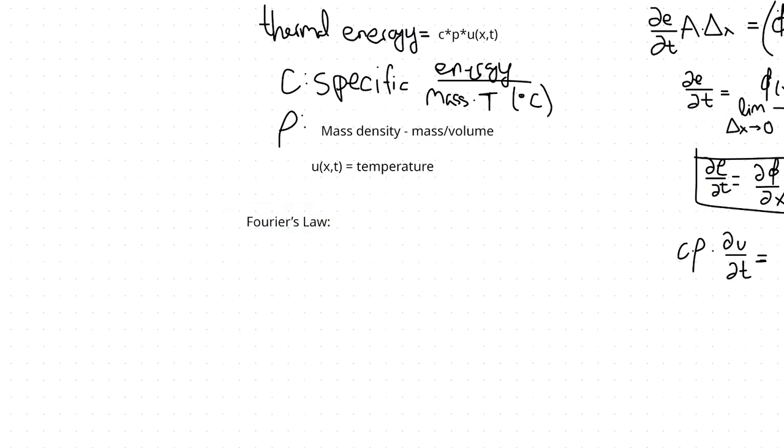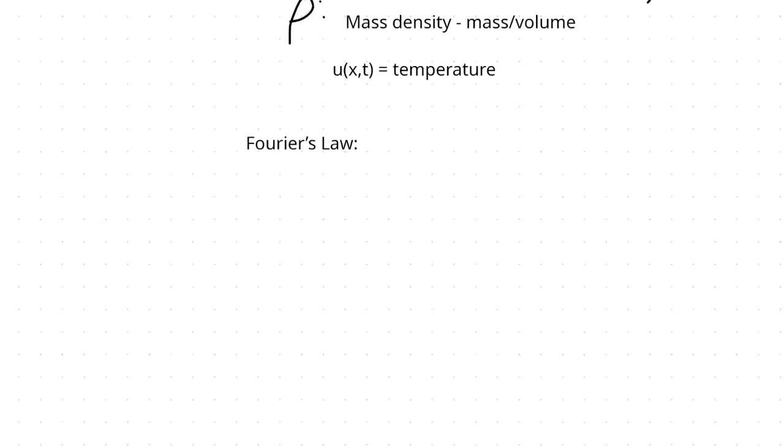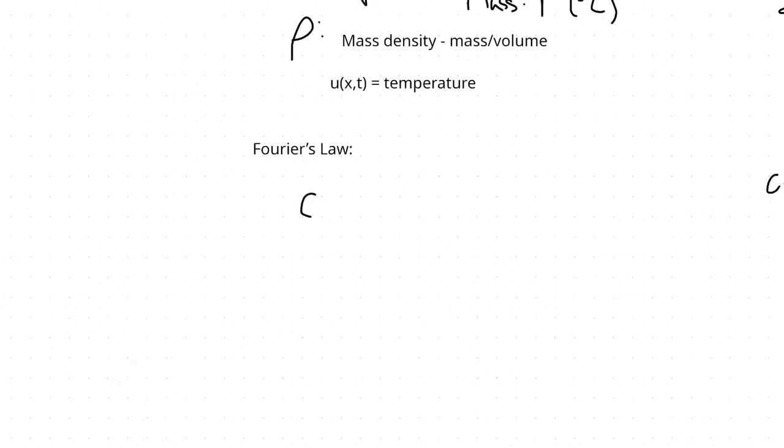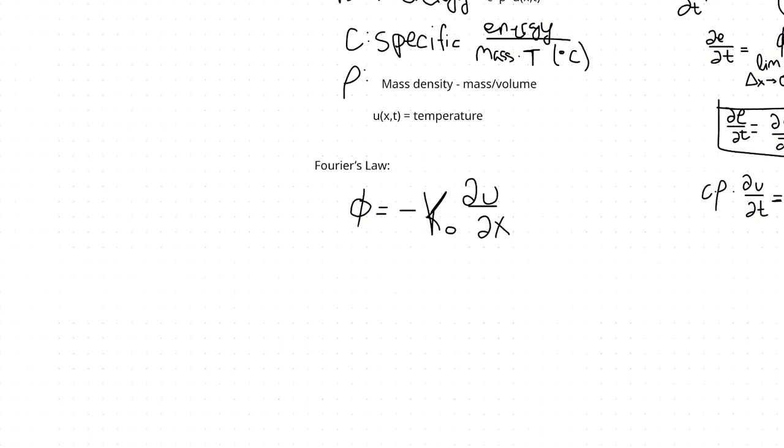It comes from intuition. It says that the flux is equal to minus k naught partial u over partial x. Now this equation simply came from observation.